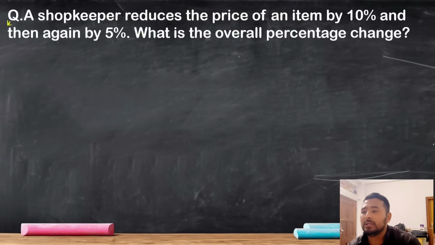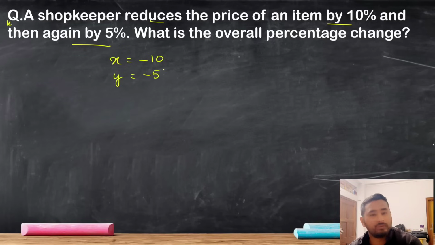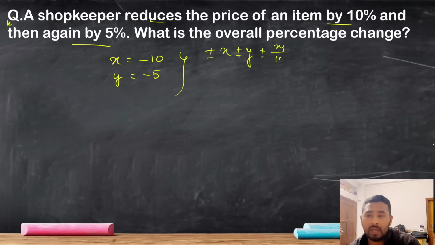A shopkeeper reduces the price of an item by 10%, and then again by 5%. Now reduce means what? Minus. So let us take our x as minus 10. Our y is also minus 5. Okay. Now you know the formula: plus minus x plus minus y plus minus xy by 100, right?